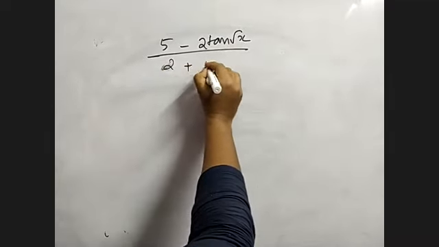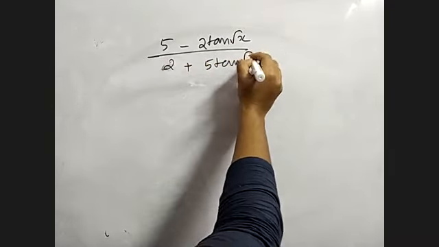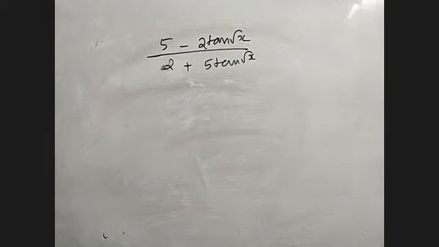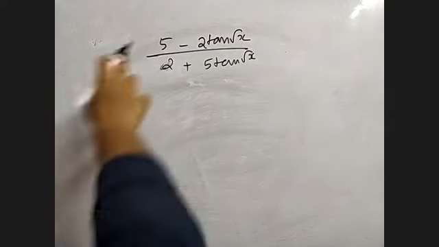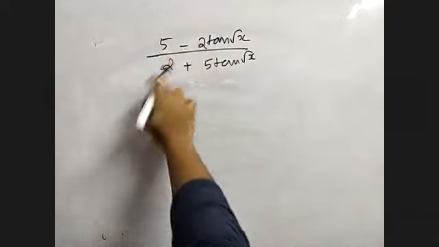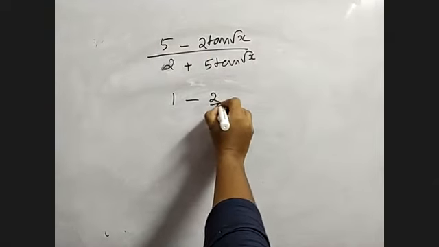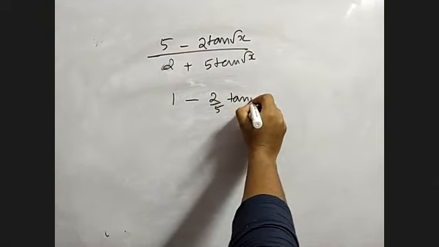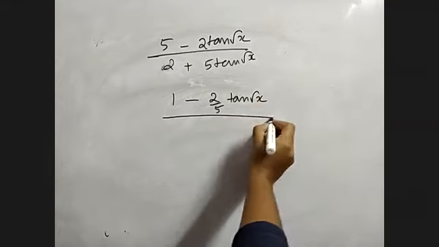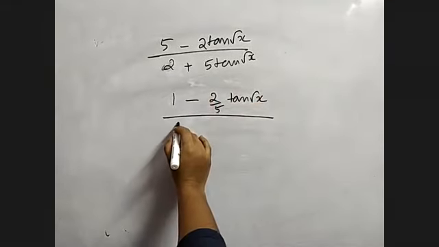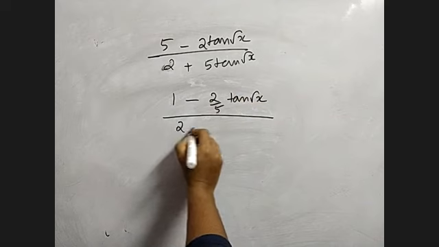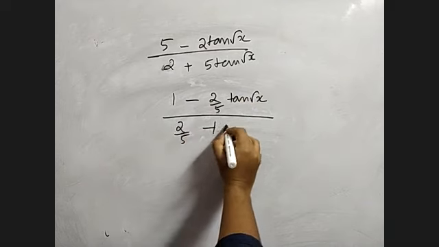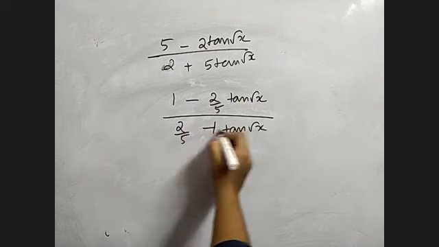Suppose we are dividing this by 5. What will we get? 1 minus 2 by 5 tan root x by 2 by 5 plus tan root x, isn't it?